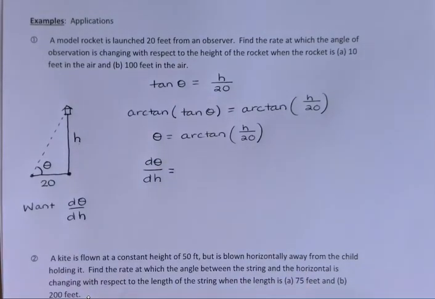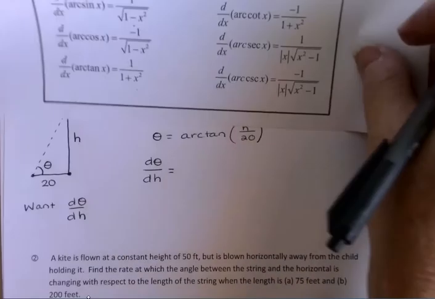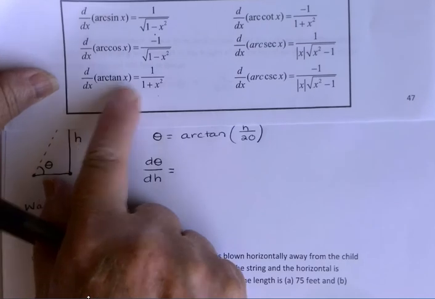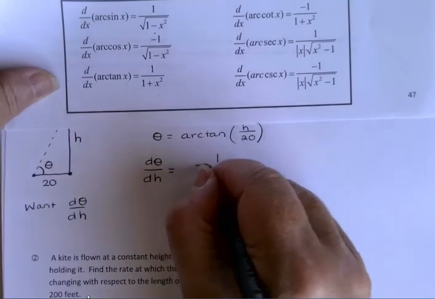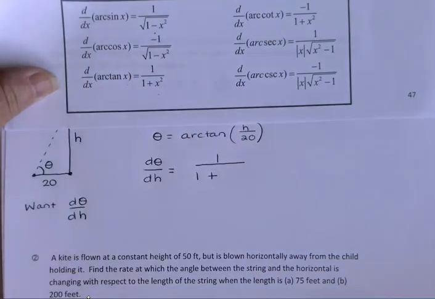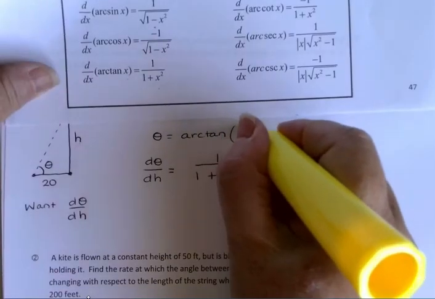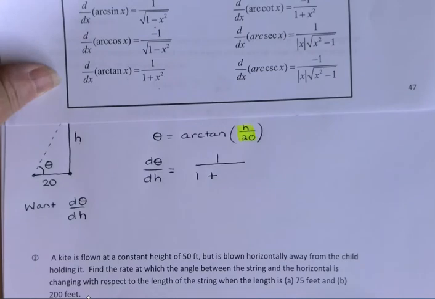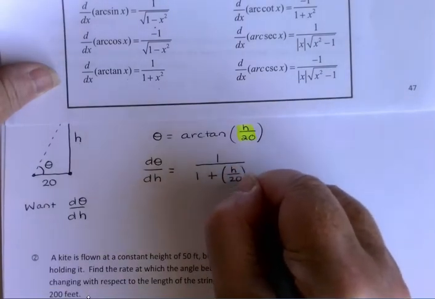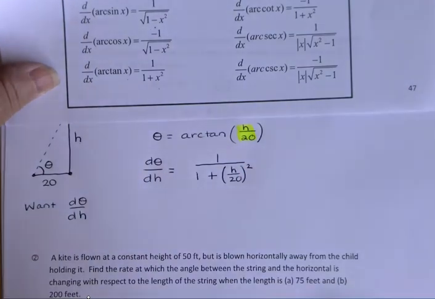And again, I'll just remind you of the formulas list. For the arctangent, we would have 1 over 1 plus, and instead of x squared, in this problem the argument of my arctangent function is h over 20, so I'd have h over 20 squared.